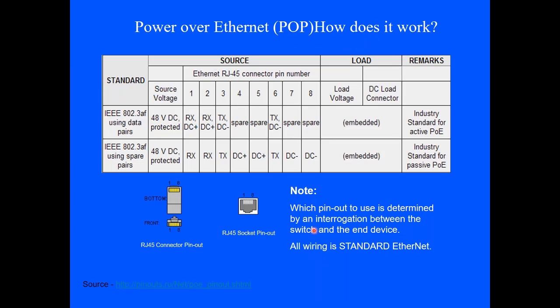The next thing I want to cover is PoE. That's power over Ethernet, which is kind of cool. Standard Ethernet uses 4 of the 8 conductors. So I'm using 1, 2, 3, and 6 for transmitting and receiving signals. Okay, and this is done at 48 volts.